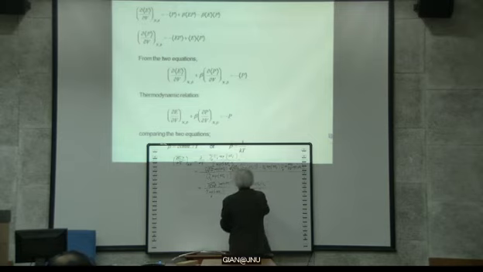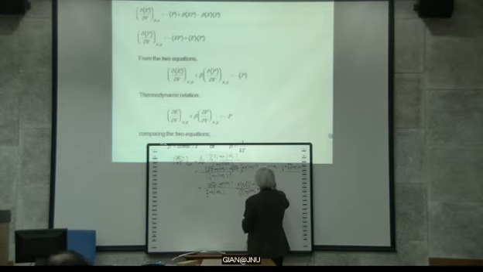Sorry, beta E_j, dE_j over dV, exponential beta E_j.